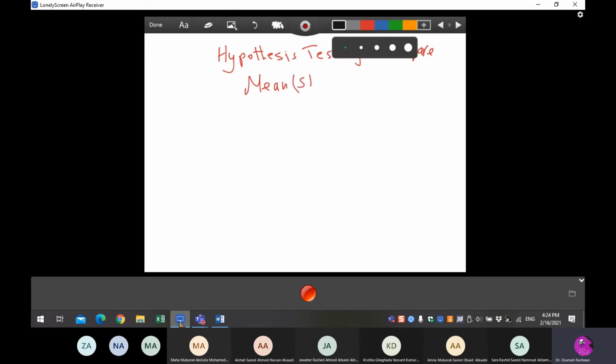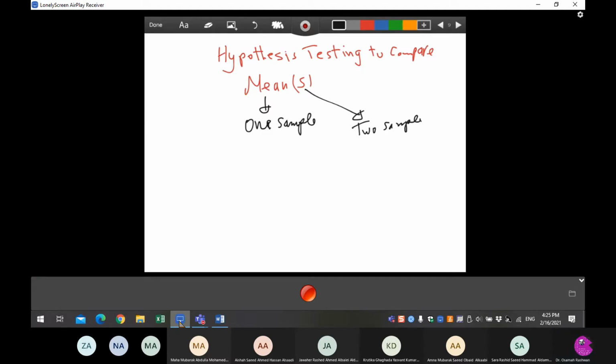Why I'm saying mean or means: if you have one sample, or if we have two samples. What about if we have more than two samples? We will have another test, we call it ANOVA, analysis of variance. If you have more than two, we'll go for the ANOVA. But let's go for this one for 1 or 2.